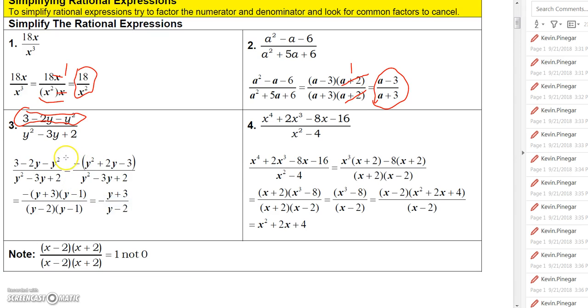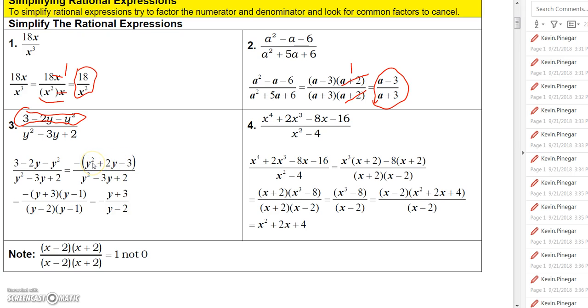You can just pull a negative out. That's the same as factoring out a negative 1. And what that'll do is change the sign of each of these. The 3 would now be minus 3, the minus 2y would now be plus 2y, and the minus y squared is plus y squared inside the parentheses. And of course I rearranged the order because I prefer to have this written in descending order.